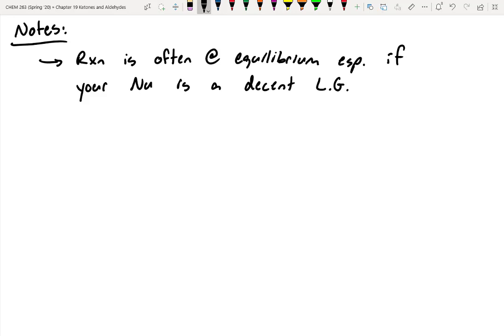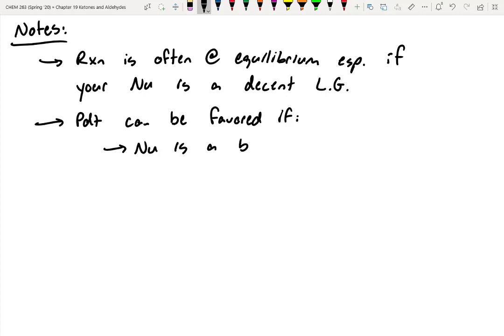So the reaction is at equilibrium if that reverse reaction is somewhat plausible. All right, so then the question is, how can we favor our product? There's a few different ways. So let's list both of those. The first one is the product can be favored if your nucleophile is a bad leaving group.